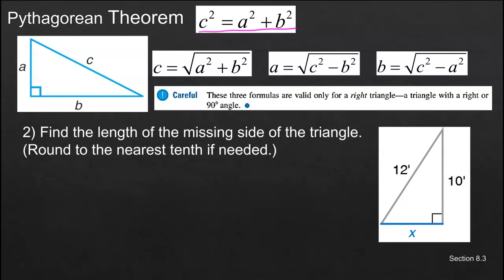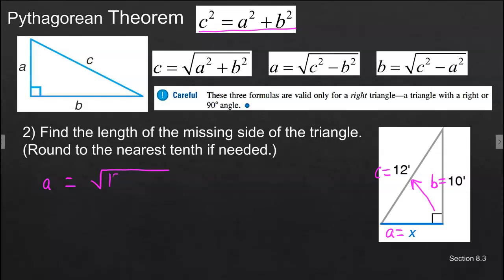So let's call this one A and B, and of course this one's C because it is the hypotenuse, opposite that right angle. You can always draw that arrow to C. So we're going to use the formula for A this time. Basically, the solving part of it has already been taken care of, and we just plug in our numbers.